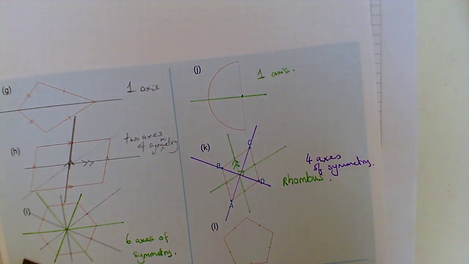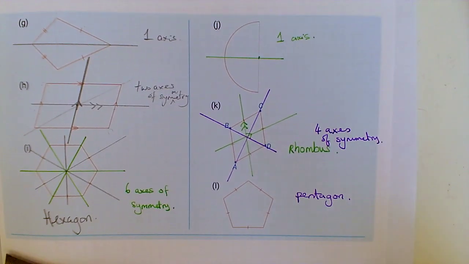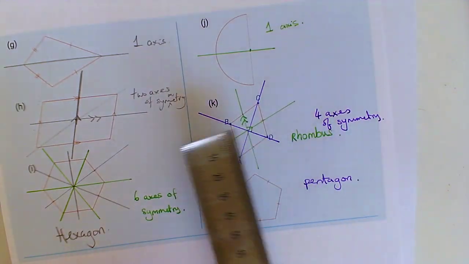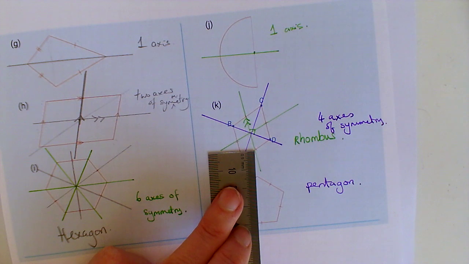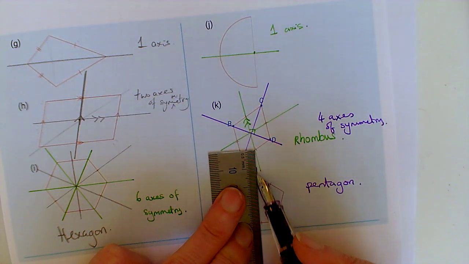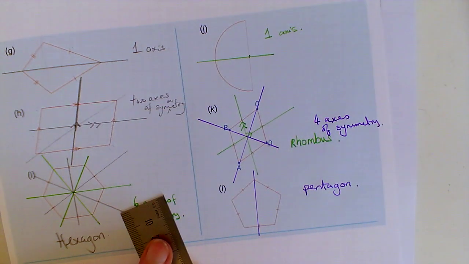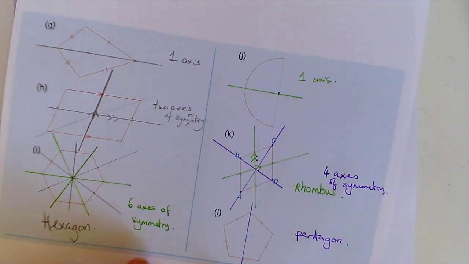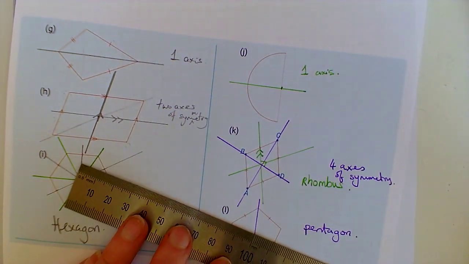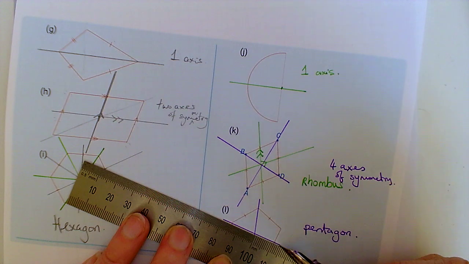And finally, we have a 1, 2, 3, 4, 5, a pentagon. A regular pentagon, all the sides are the same length. So what about if I join the vertex to the side opposite it? We know that any axis of symmetry has to go through the center. That's definitely a mirror image, right? And so if I can do it for one vertex and edge, I can do it for the other vertices and edges as well.